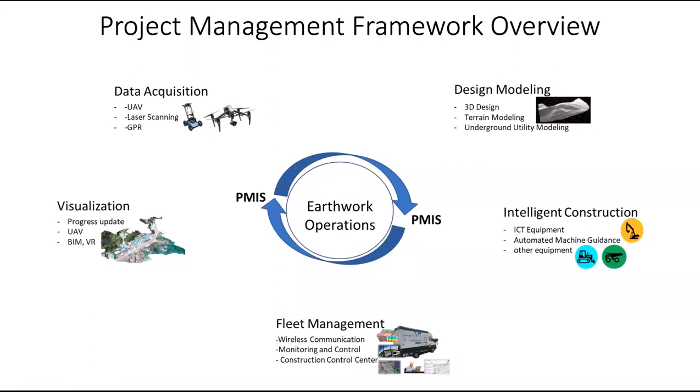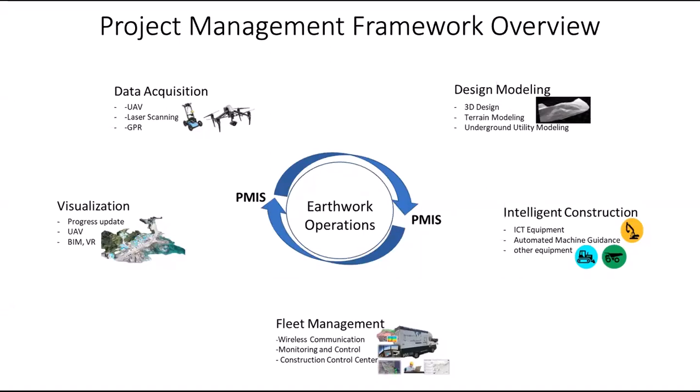Once we gather the data, what's the next thing that is more important? We have to have the design. It can be in the form of BIM or 3D models. Then the new thing that is coming is intelligent construction. What does that mean?